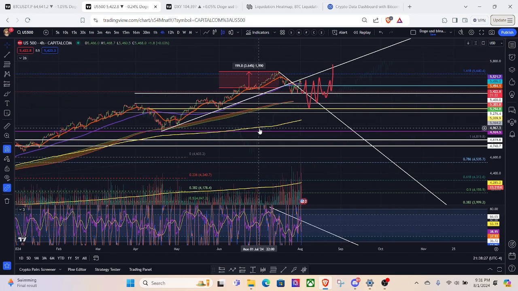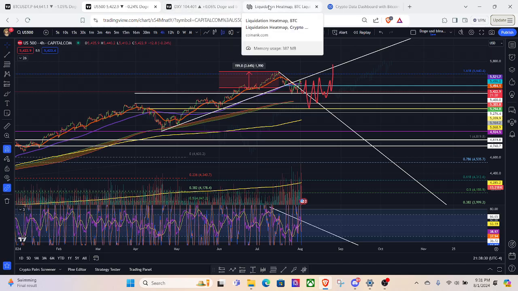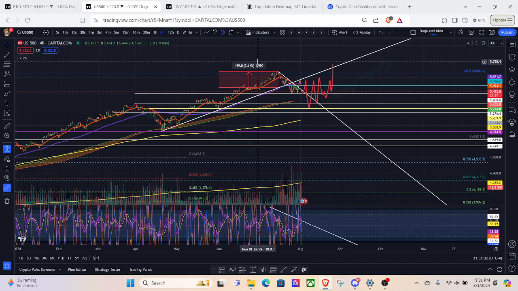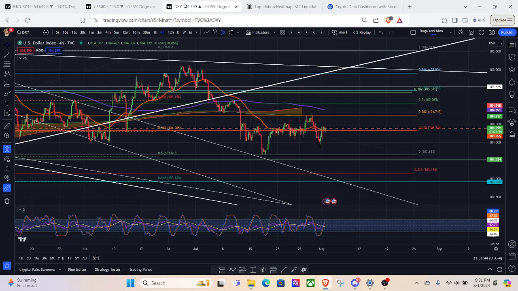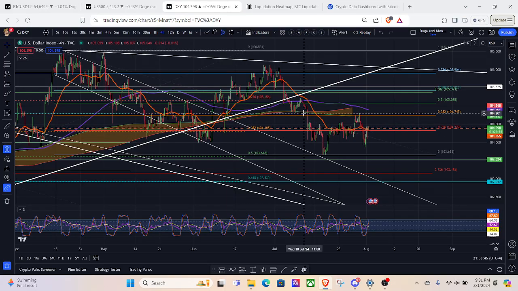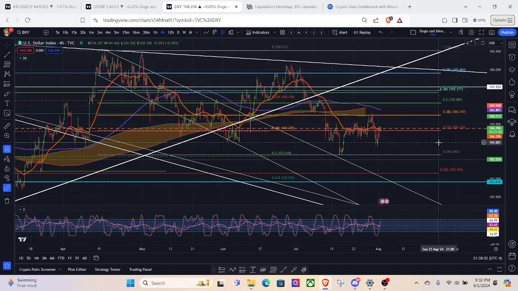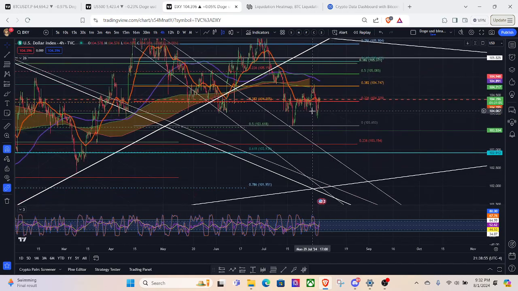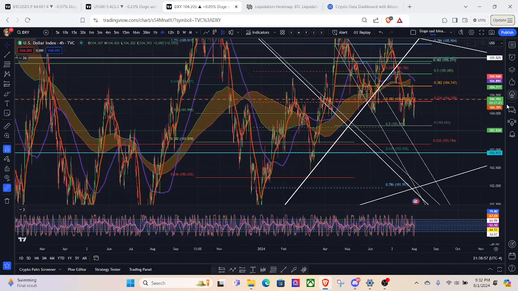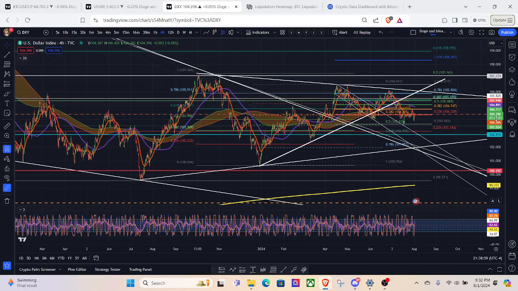I also think the Russell 2000, which is a chart that I don't have up right now, is going to also play catch up with the S&P 500, the Nasdaq, and the Dow Jones, whatever else. And the fact that we're seeing the DXY go down during this time is a bullish signal for risk assets that are priced in the US dollar.